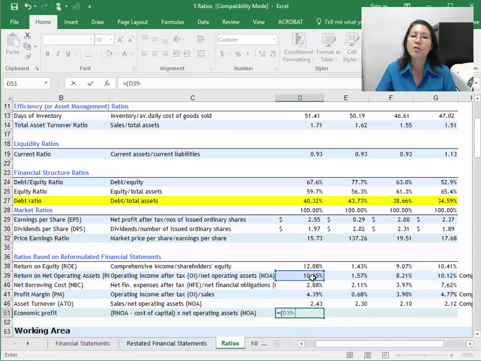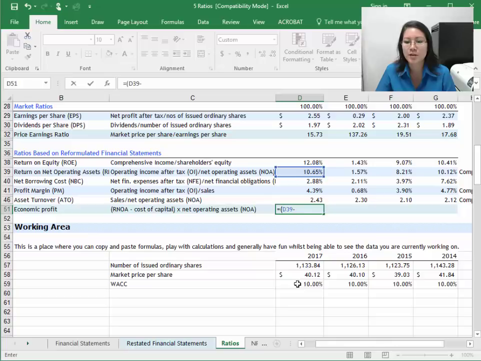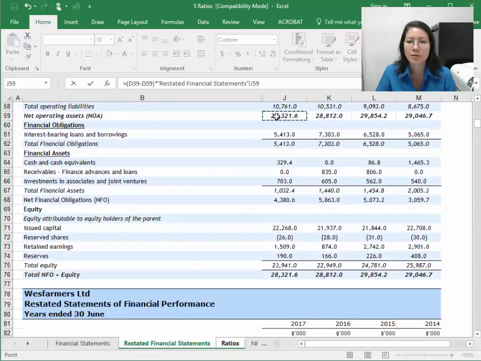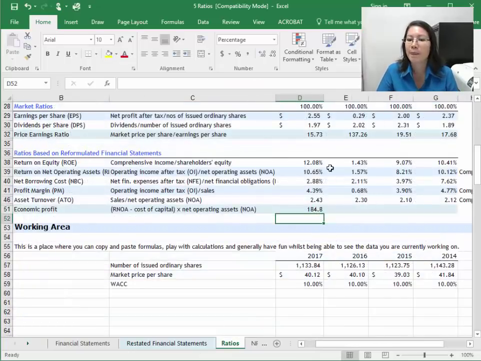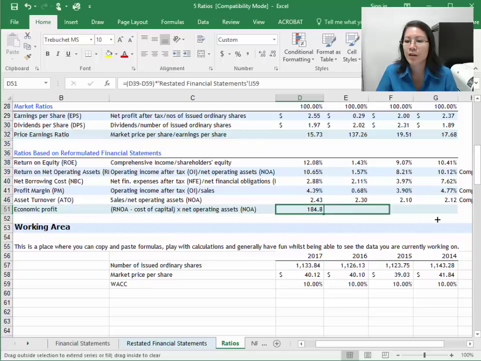Take that away from my weighted average cost of capital percentage, or whatever figure you found in here as a percentage, close brackets, and then multiply, which is asterisk in Excel, my net operating assets from my balance sheet, which is here. That is a dollar value, so change that to dollars.